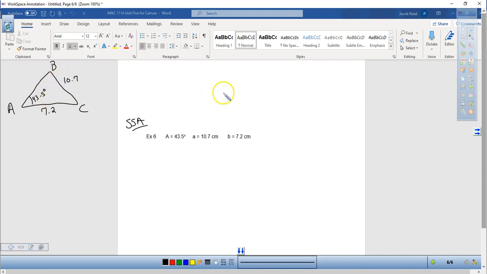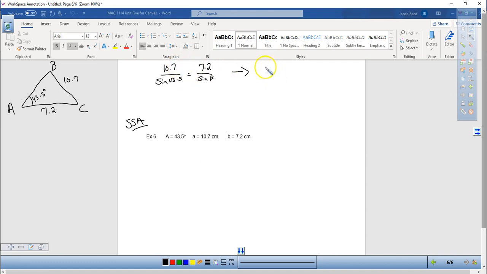Alright, so solve for B. So I'm going to do it up here. I know that I have 10.7 over sine 43.5 is equal to 7.2 over sine of B. I'm going to go ahead and cut to the chase here.